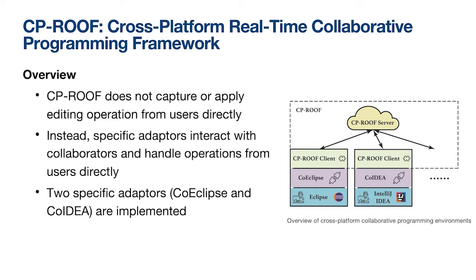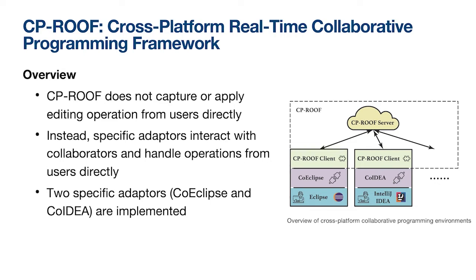As a generic cross-platform framework, CP-Roof doesn't capture or apply editing operations from users directly. Instead, specific adapters interact with collaborators and handle operations from users directly, based on the common components provided by CP-Roof. We have designed and implemented two specific adapters for Java programs named CoEclipse and CoIdea.